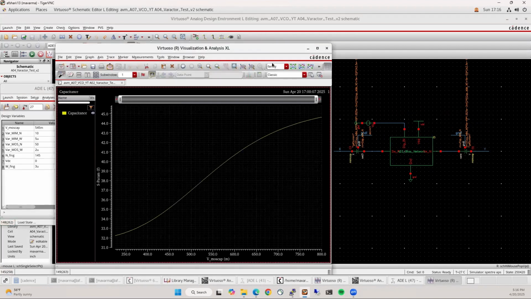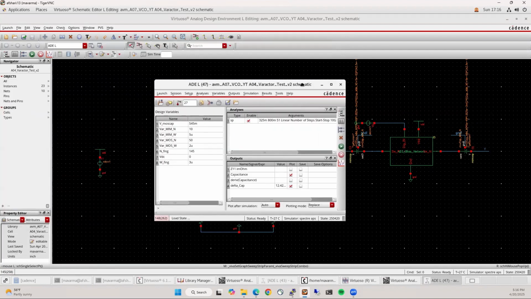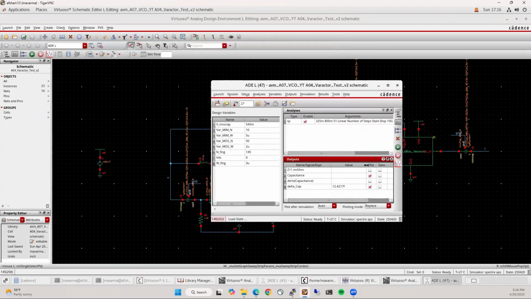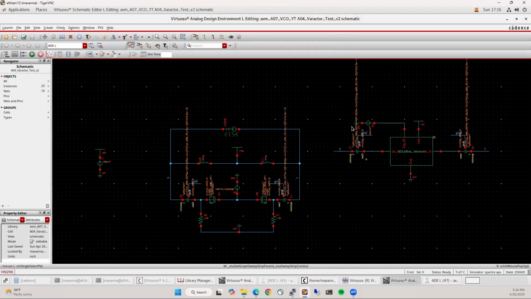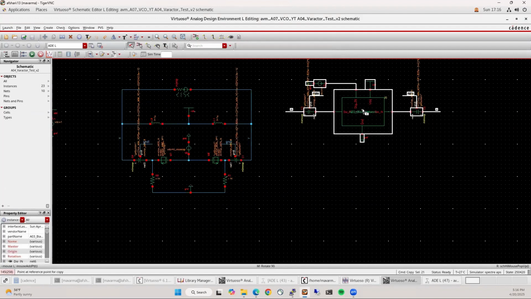Okay, so this was the state we were using just now. So let's use that. Actually, just make 3 copies of it.